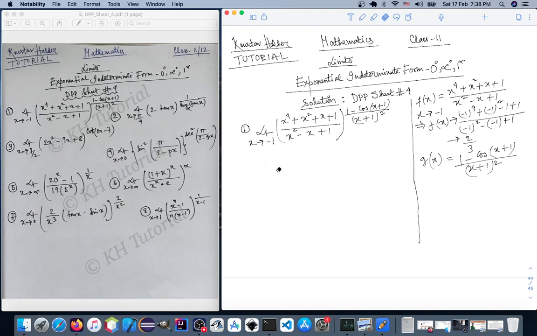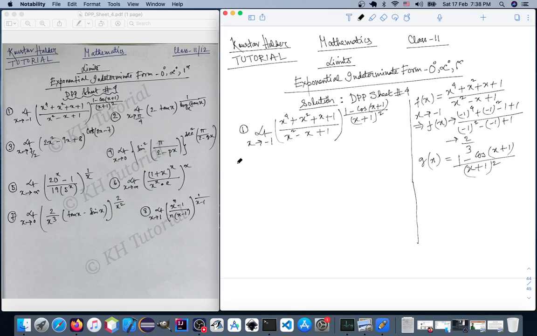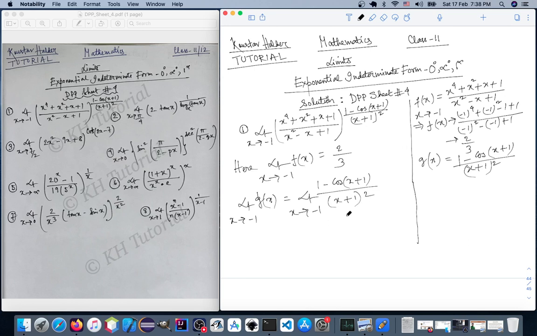We already have limit x tending to minus 1 of f(x) equals 2 by 3. Now limit x tending to minus 1 of g(x) equals limit x tending to minus 1 of 1 minus cos of (x plus 1) divided by (x plus 1) squared.